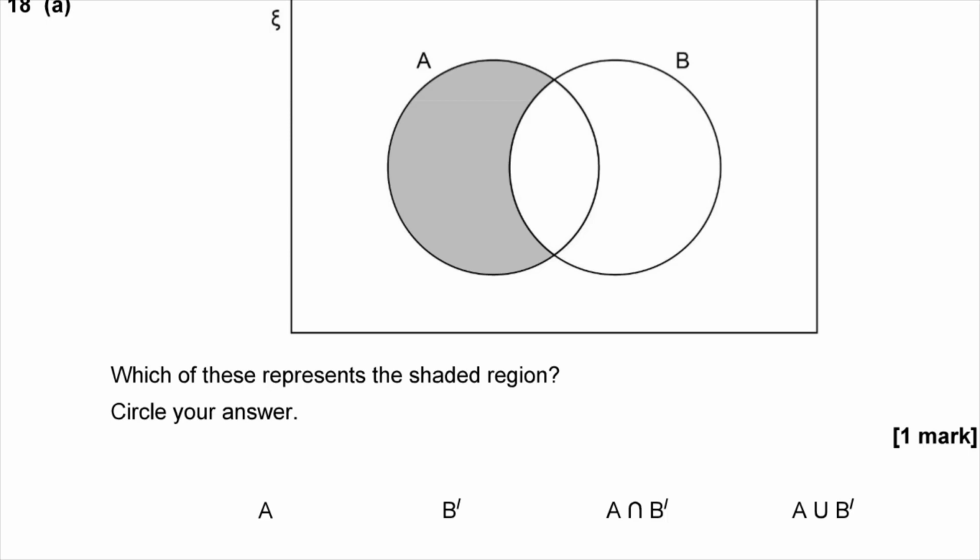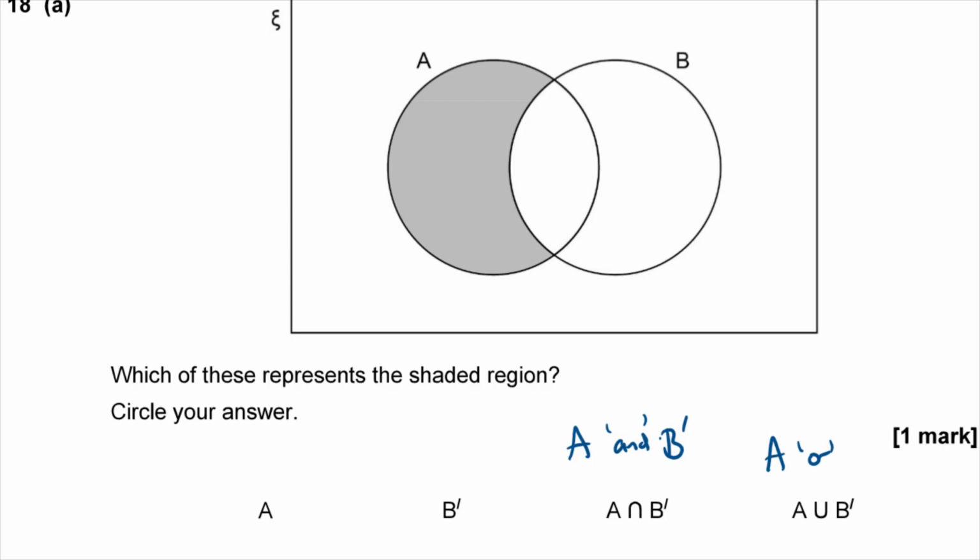It's going to be either A intersect not in B or A union not in B. Now another way of reading these intersections and unions is using the words and or. A intersect is the same thing as and, really. You can think of intersect as and. So is it in the set A and not in B? Or is it union, which we can read as or?